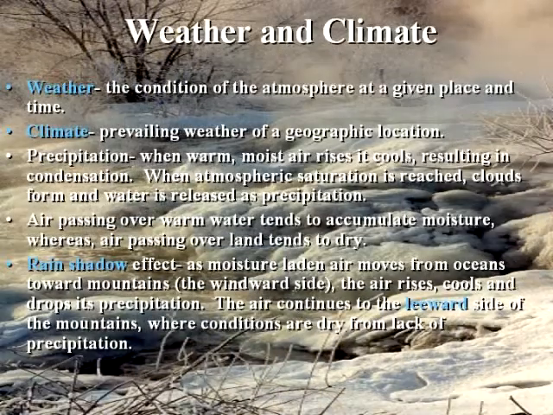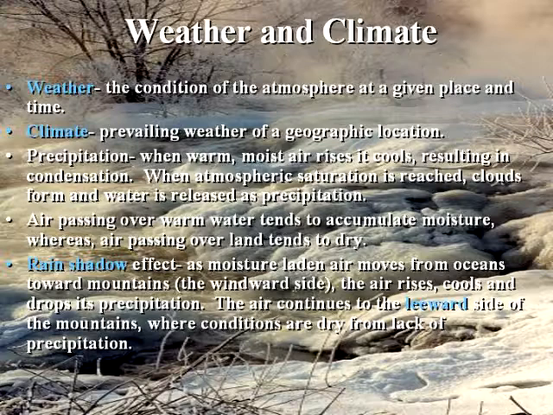This slide summarizes that difference between weather and climate, pointing out that weather is what happens at a given place in time, whereas climate is what happens over, let's say, a season in a particular geographic location. So we might talk about the winter climate of southern New England, or the summer climate of East Texas, or something like that. The slide also makes a couple other points worth mentioning here.